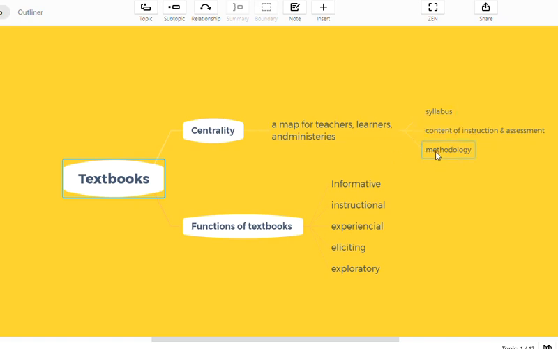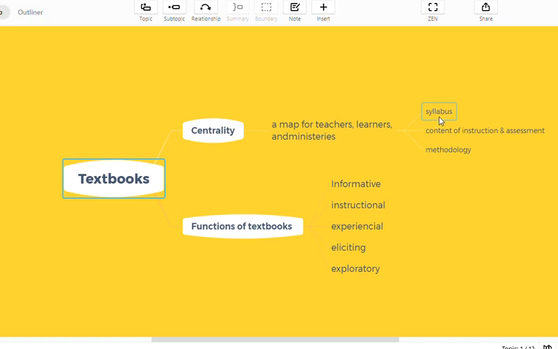The textbooks determine the methodology and the methods they are going to use. The texts, the passages, the exercises, the practices. So the textbooks provide the teachers the syllabus they need.